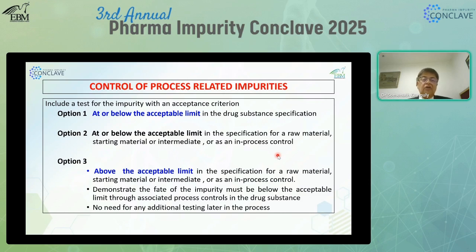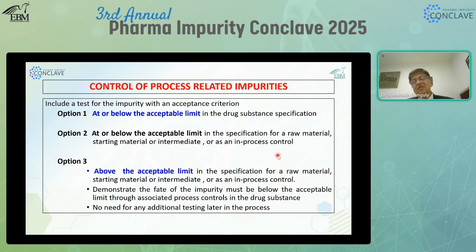Option 2 is at or below the acceptable limit in the specification of the raw material, starting material, intermediate, or as in-process control. See, in an API process, suppose I control this genotoxic impurity at the API stage with the calculation I have shown. That is just option 1.